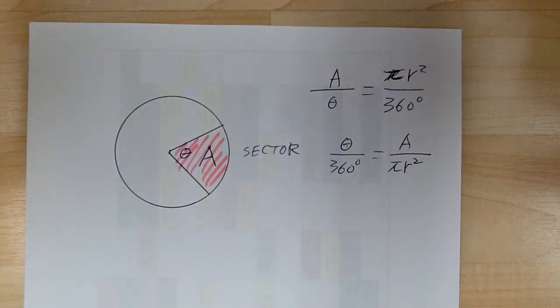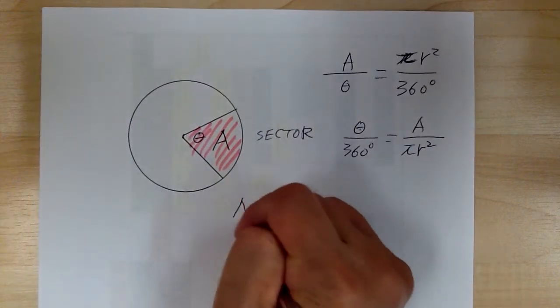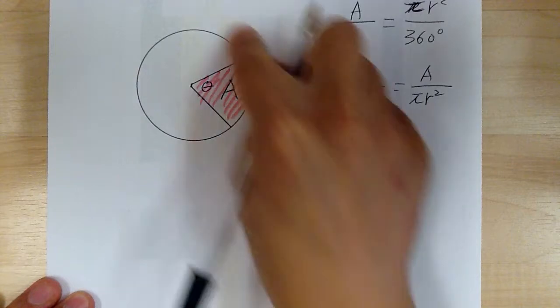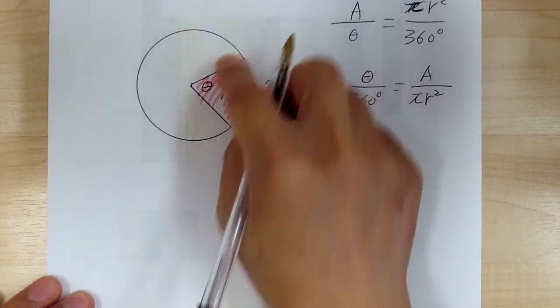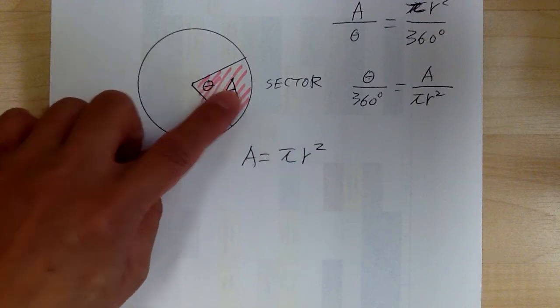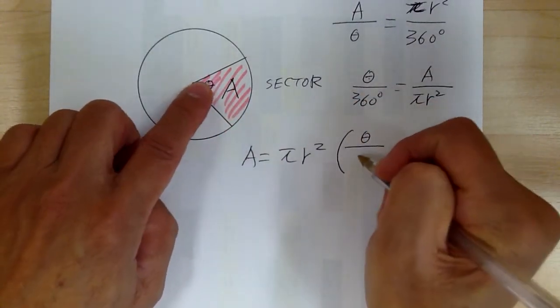You can rely on understanding how we get these, and that way you don't have so many things to memorize. Another method, the third method for area: first you figure out the entire circle, pi r squared. You don't want the entire circle, you just want this part of it, so you multiply by the part that you want, which is theta over 360.